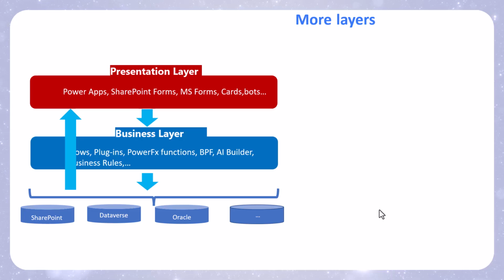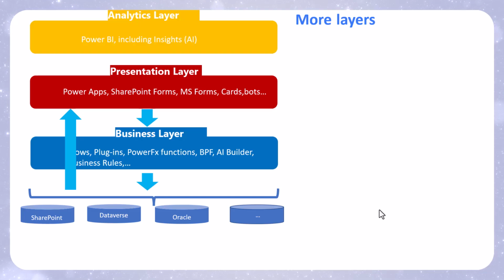Actually, you usually have more layers. You might have an analytics layer, where you will implement the dashboards and reports, and you can use Power BI for that. The analytics layer will grab the data directly from the data source.